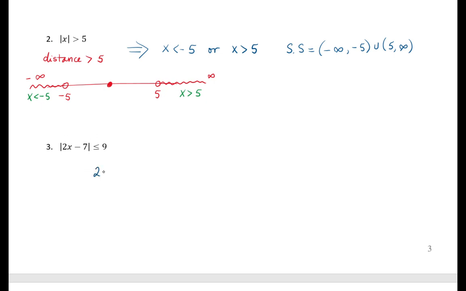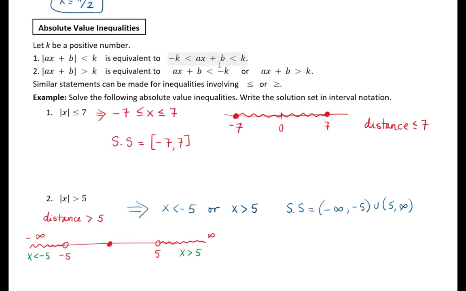So 2x minus 7 becomes like a compound inequality: less than or equal to 9, and greater than or equal to negative 9. See, that absolute value needs to sit between negative 9 and 9 because its distance to the origin is less than or equal to 9. That's the argument that we have from the first type of inequality. See, less than or equal to 7 means it sits between negative 7 and 7.